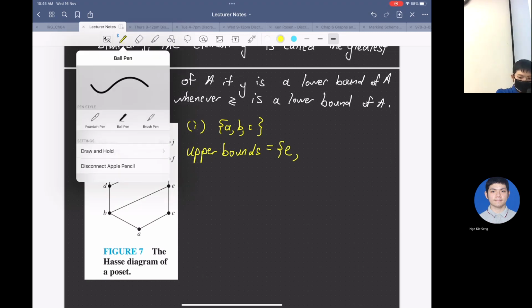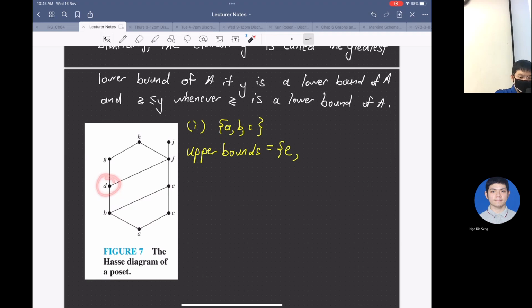So is D an upper bound? D is greater than B, which is greater than A. But is D greater than C? No, because there's no line connecting B and C. So D is not.